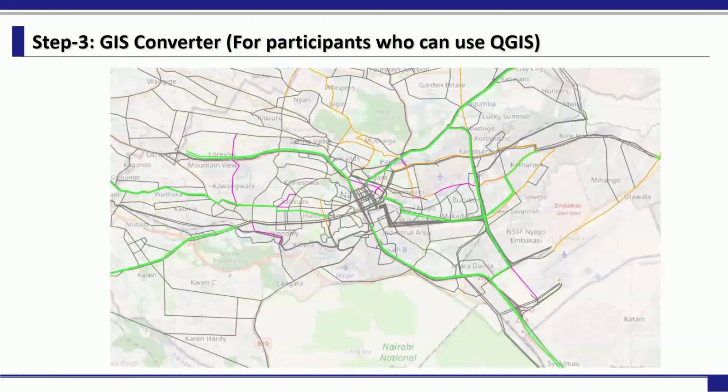I also prepared some GIS shapefiles, which can be visualized to prepare such a figure. However, I'm not sure everyone can install or use QGIS, so let me skip these things. Those who are interested in GIS can open the shapefiles included in the folder and check the files.